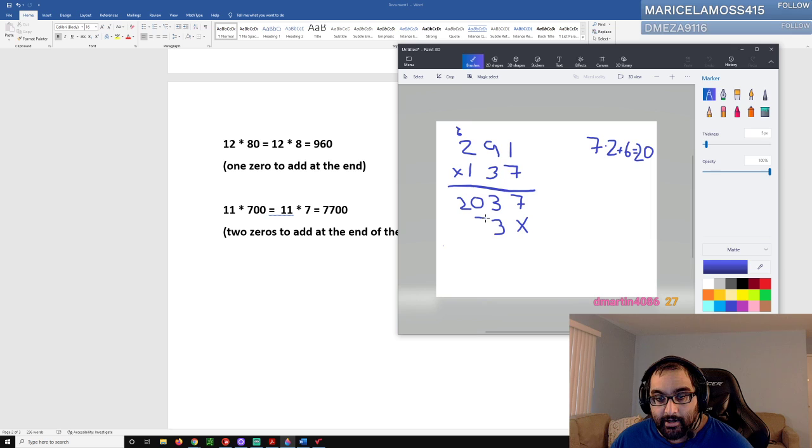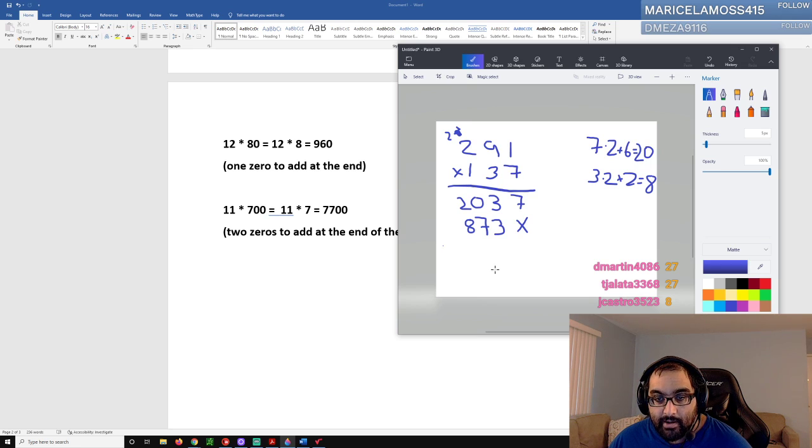Spot on. So put a 7 here for the 27. And again, we don't need the 6 anymore, so I'll just erase that, and we'll carry the 2 here. So what we have here is 3 times 2 plus 2. 8, that's correct. 8 is spot on. So I'm going to put 8 right here.